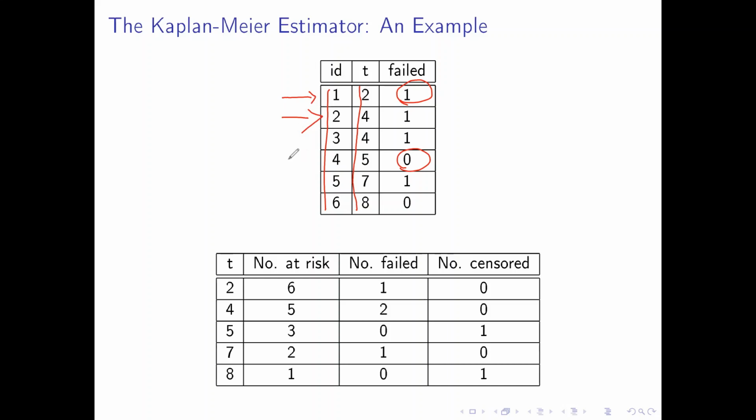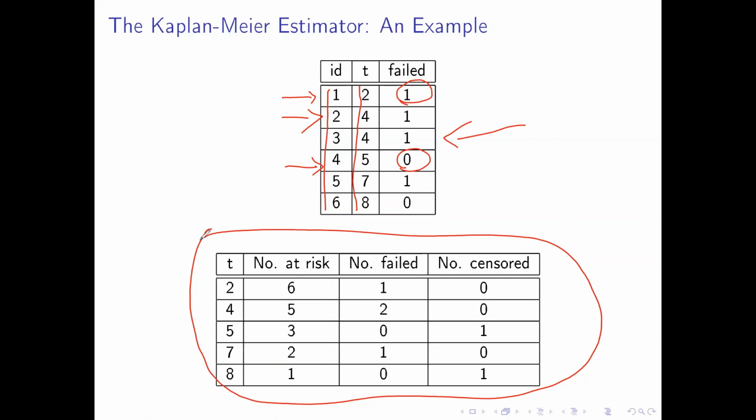For the fourth individual, it survived day 5, then left, and we don't know when that subject failed. So this is the raw data from the data frame, and here we have a second table.